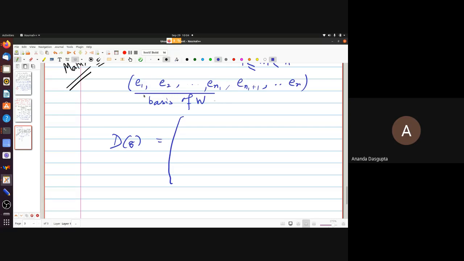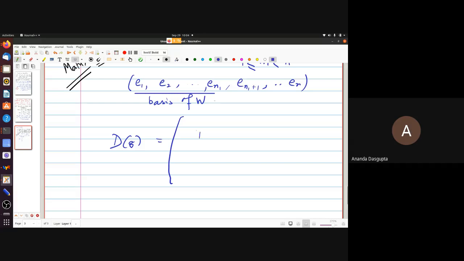What that means is LG E1 has to be an element of W. So when you expand it out in this set of basis vectors, you are possibly going to get a non-zero coefficient only from E1, E2 up to En1. There can be no contribution from the other basis vectors, right? And that happens not only for E1, it happens all the way up to En1.